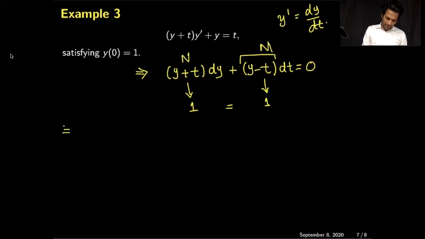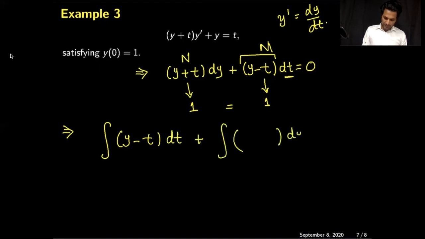So if I have to write down the solution, I will integrate M with respect to t. So y minus t dt, and we'll integrate only the term which contains y directly. The only term which contains y directly is y. So I will eliminate t, because t is a function of t and will not be part of this integration.